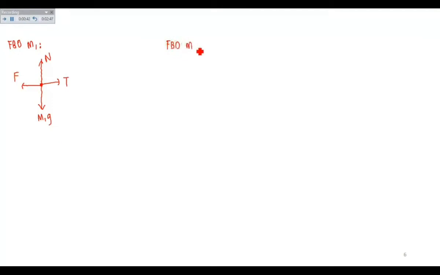untuk M2 pula. Okay, so kita ada weight M2G, we have normal, okay, ini normal 2 lah, and then we have, oops, this is T1. So now here we have T2 in the right direction and T1 is in the left direction.